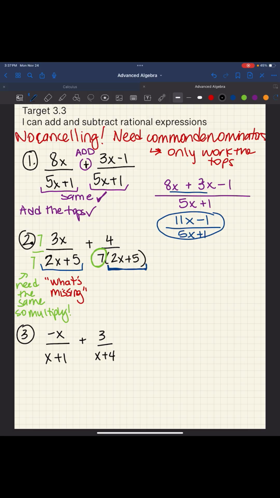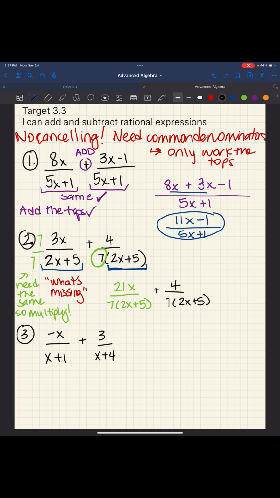Let me use pink, this is green, to continue my modification. So we have 7 times 3x, which is 21x. And I don't want to disguise my denominator, so I'm going to leave them in factored form. And then, of course, as per my usual videos, if I don't change something, I'm leaving it in black.